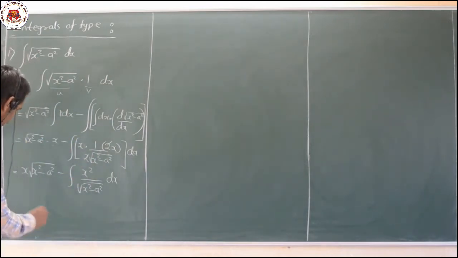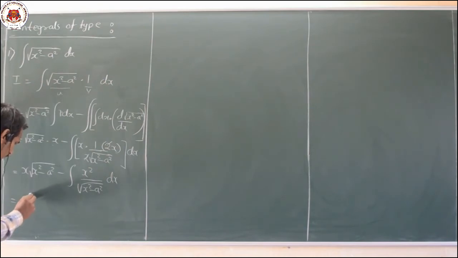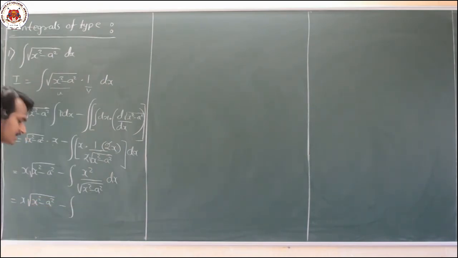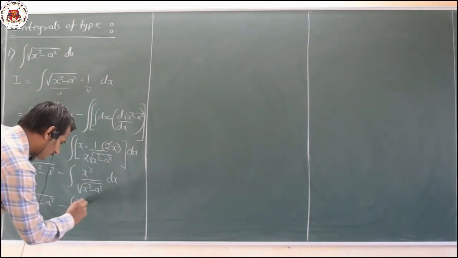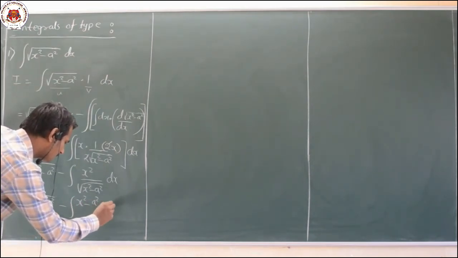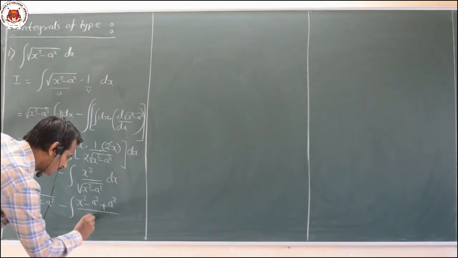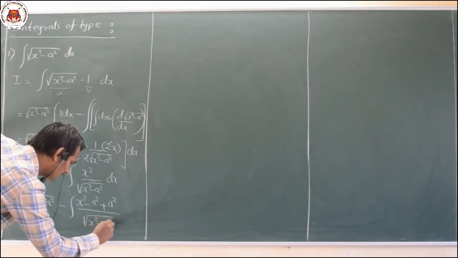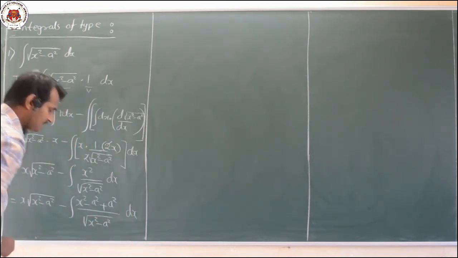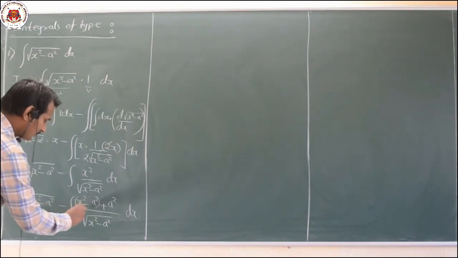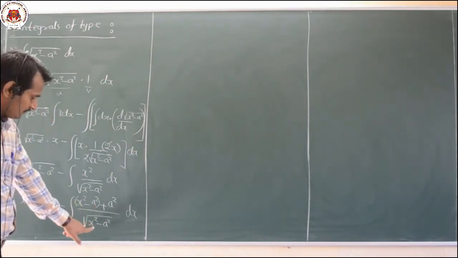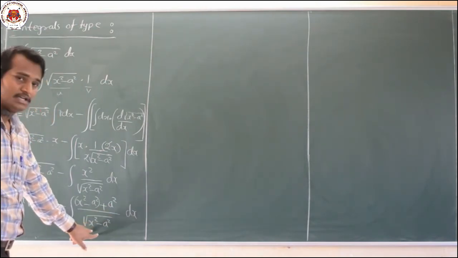So we get x into root of x square minus a square, minus integration of x square minus a square plus a square divided by root of x square minus a square into dx. Now I will group it.